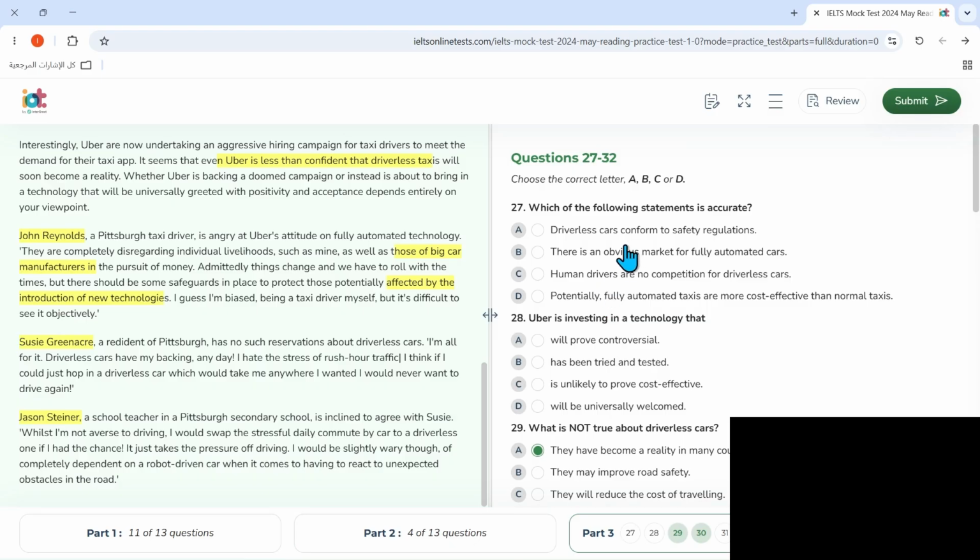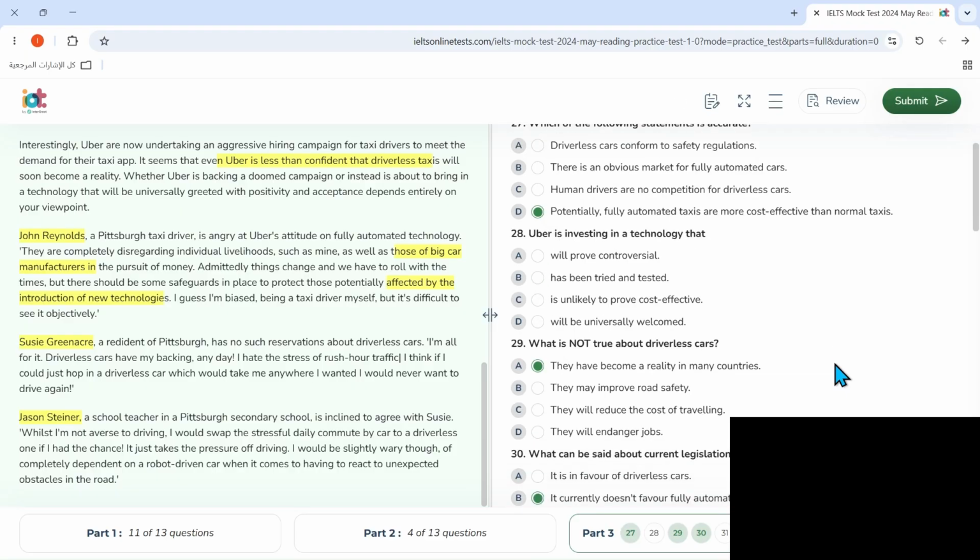And a driverless car conform to safety regulations. There is an obvious market for fully automated cars because there is no competition for driverless cars. Potentially fully automated taxis are more cost effective than normal taxis. Most effective. Okay.